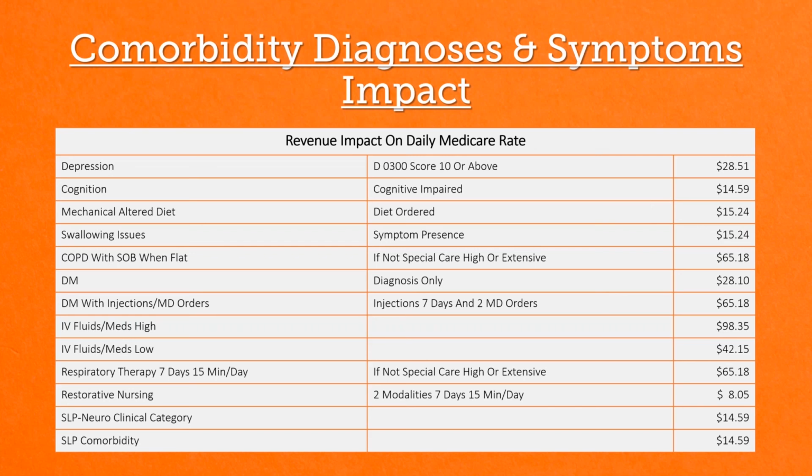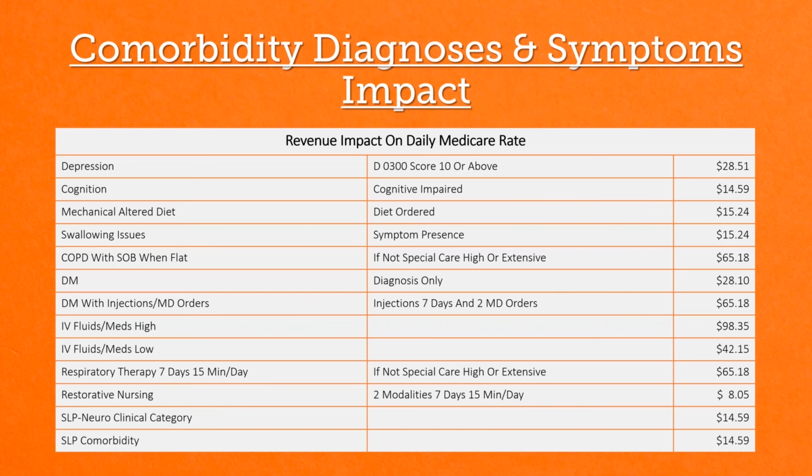You see, just being cognitively impaired, it's not a specific score on the BIMS, it's just cognitive impairment, is worth around $14.59 a day. Swallowing issues, you see that just the symptom present, not a diagnosis, not a modified diet, just a symptom present, is worth $15.24 a day on average.